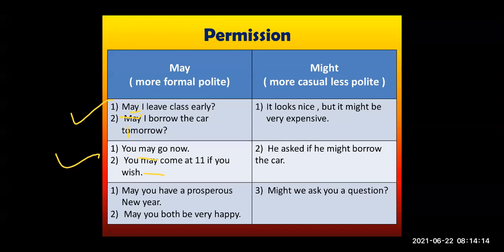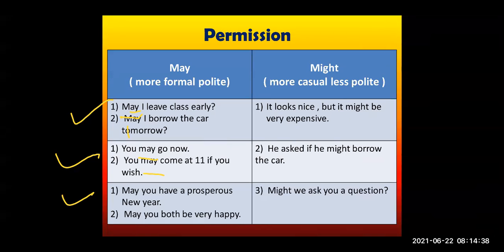Third type of may is also used to express a wish. Understood? Now here may is also used to express a wish. For example, see, may you have a prosperous new year. May you both be very happy. So in three ways we use may.